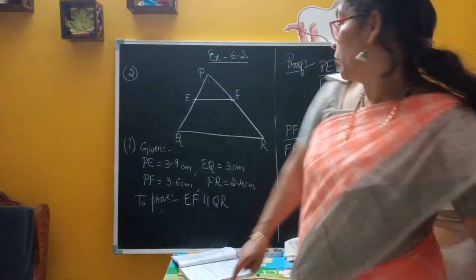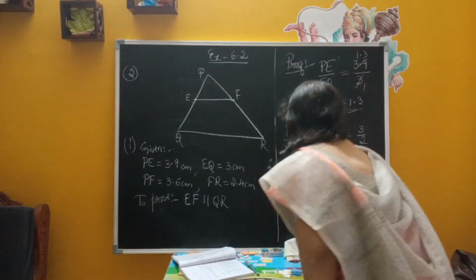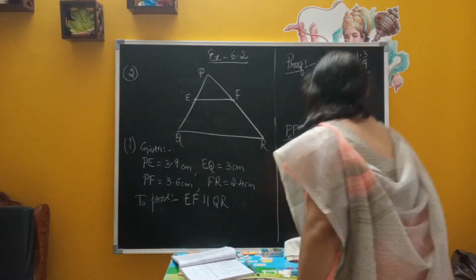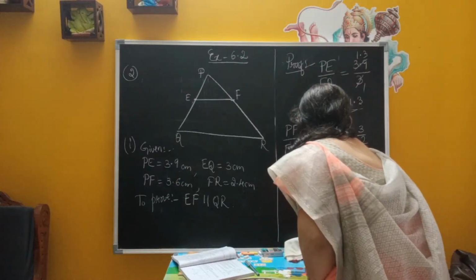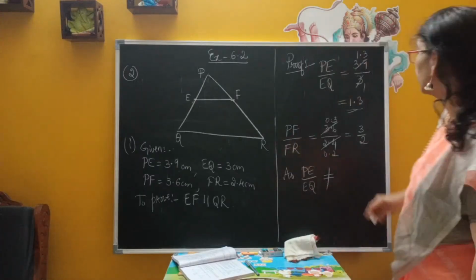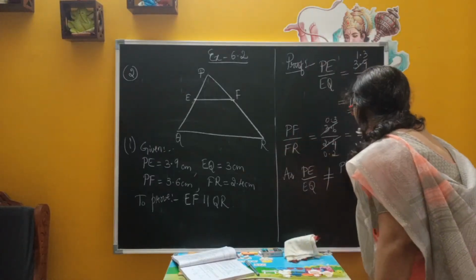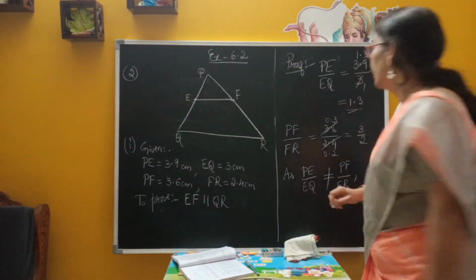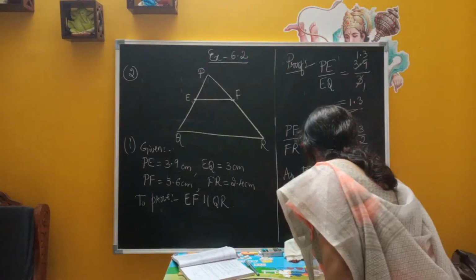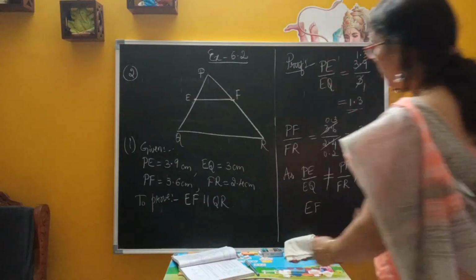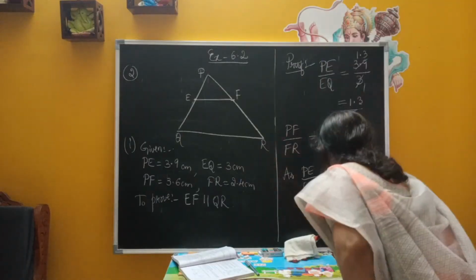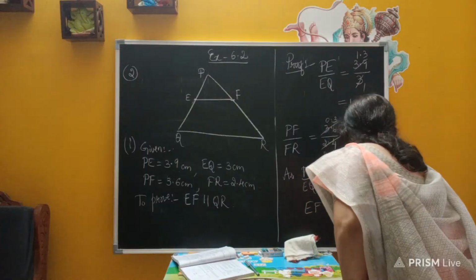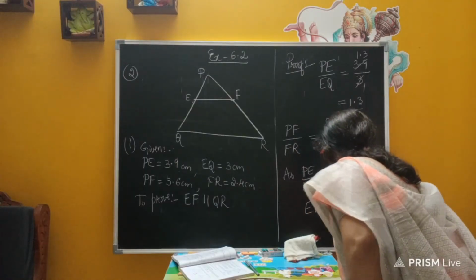As the ratio PE by EQ is not equal to PF by FR, EF is not parallel to QR, or EF and QR are not parallel.